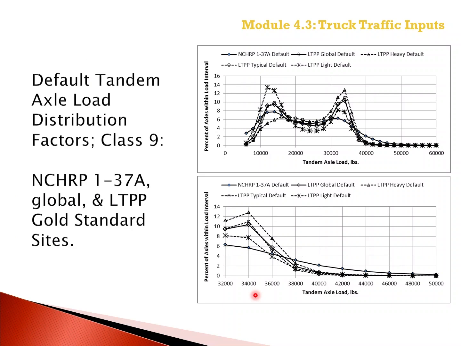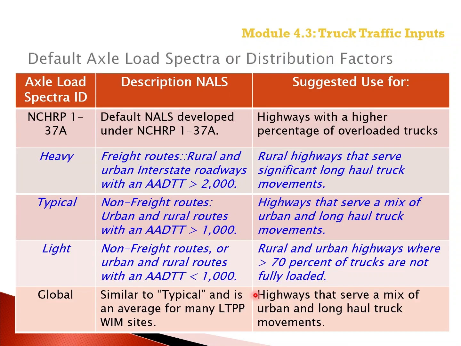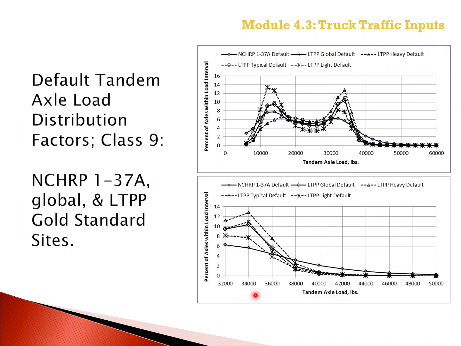This slide includes a graphical comparison of the 5 default tandem axle distributions suggested for use, which were defined in the previous slide. And then these are illustrated in the 2 graphs shown on this slide. Basically, this is specifically Class 9, and its tandem axle load interval groups for both the upper and the lower graph.